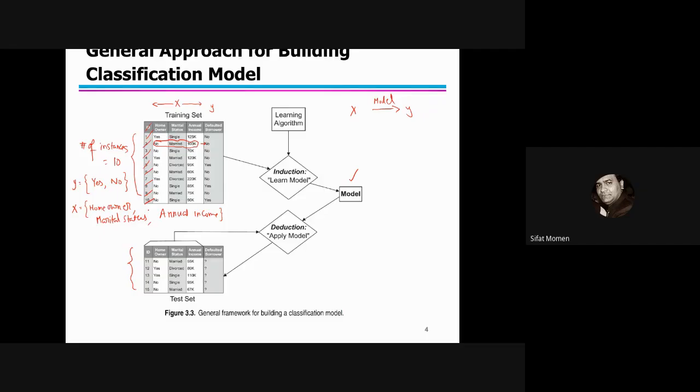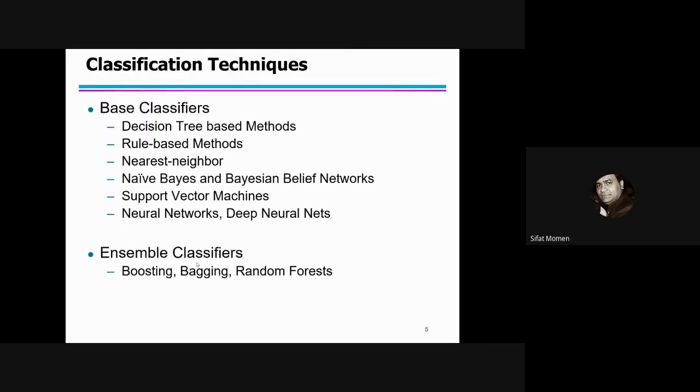That's induction. And this one is simply deduction, because you're using the model to deduce what should be the corresponding Y value. That's the deduction, when you're applying the model to deduce the target variable. Is that okay? So far, so good? Yes, sir.